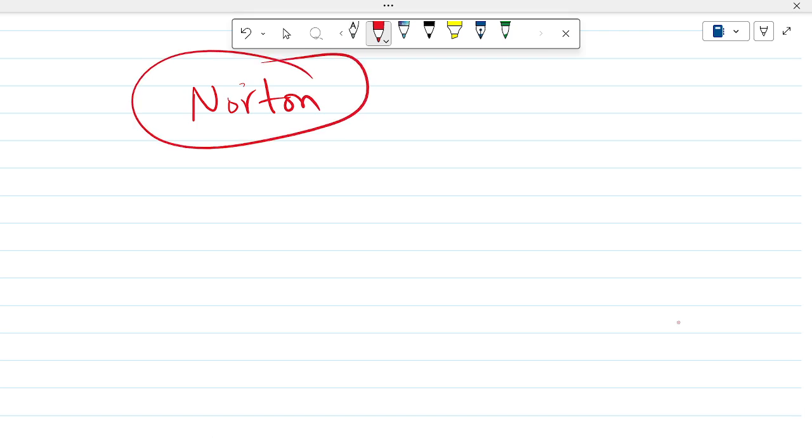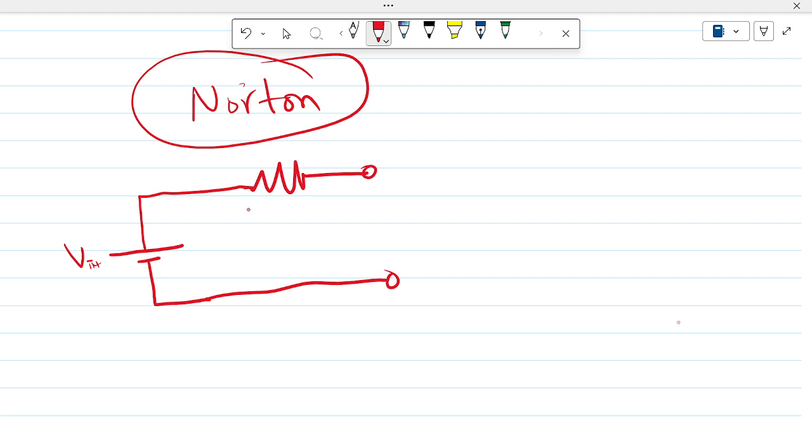Okay, so obviously this guy called Norton knew of source transformation, and previously we said Thevenin's equivalent circuit looked like this. So Norton did source transformation and came up with what he calls the Norton equivalent circuit.